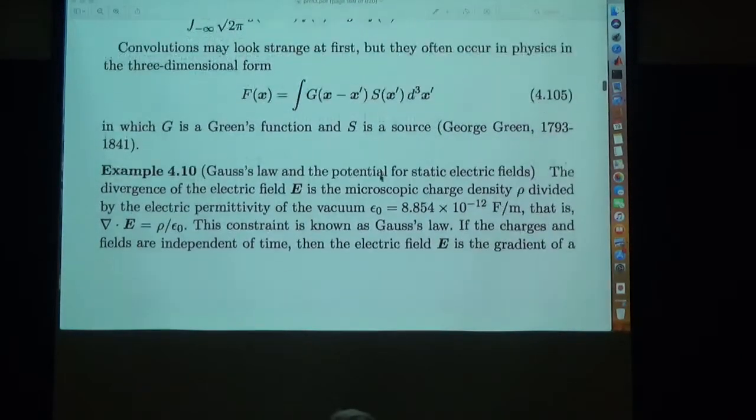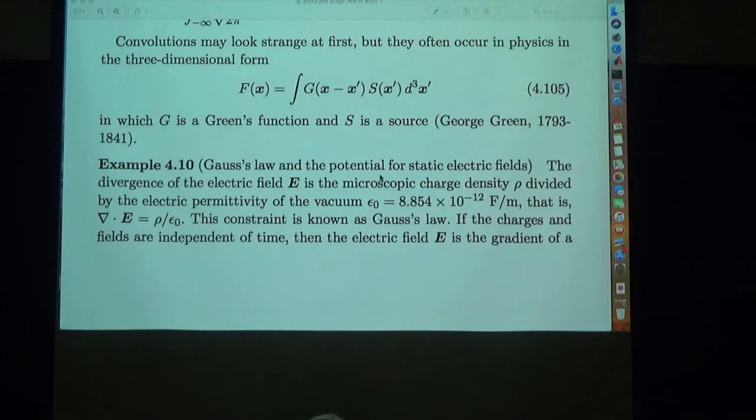And then, as I said, to me convolutions look weird at first, but in fact I then realized that those were the things that you see a million times, especially in electrodynamics and also quantum mechanics, namely that an effect is given by a source integrated by something that transmits the cause to the effect.